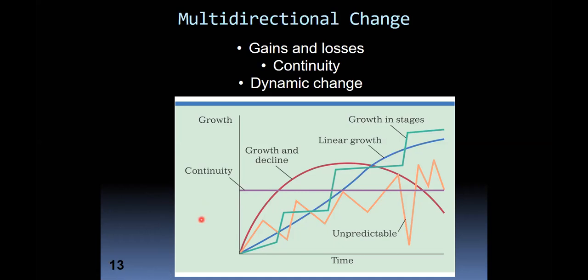Okay. Oh, by the way, we should also mention that we should latch on to the concept of dynamic change. In other words, when a change occurs in one area of a person's life, that can set off a whole series of changes in other areas.